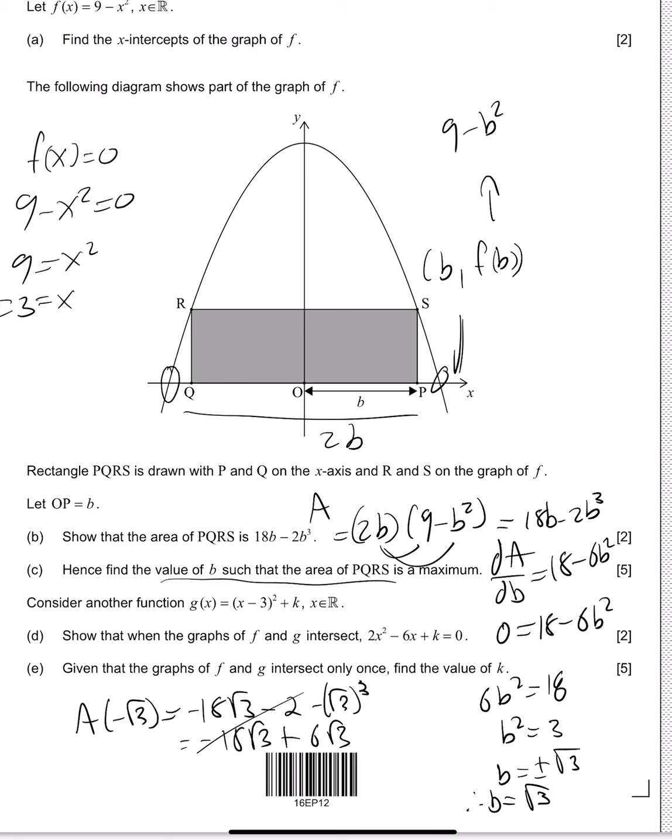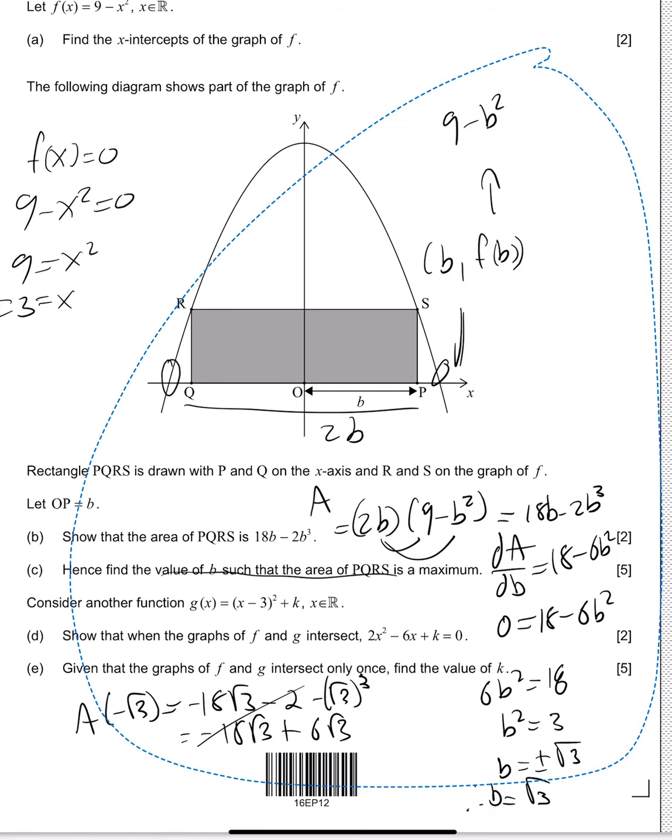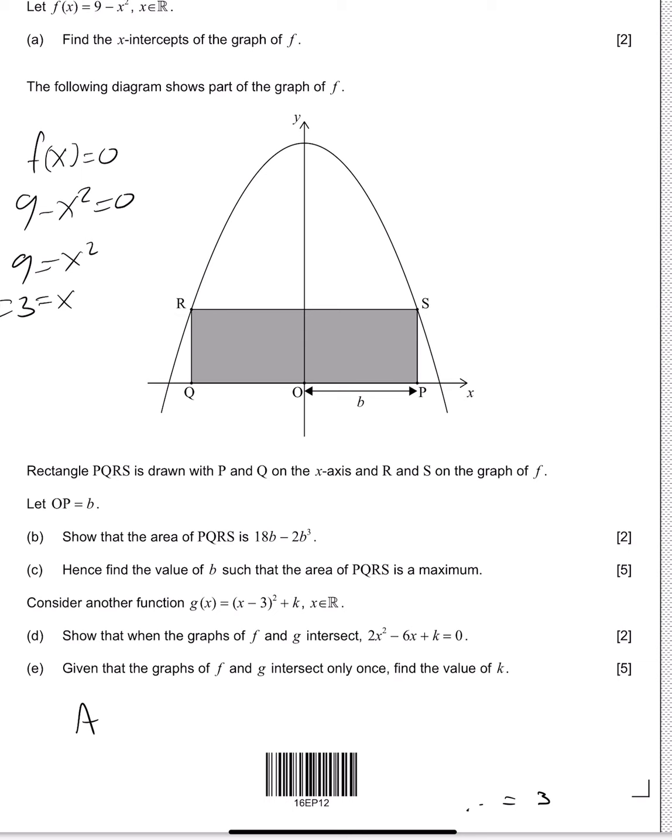Okay, so we found that b was equal to root 3. I'm going to take this stuff out. Now, show that the graphs of f and g intersect. We're looking at part d right now. This is the graph of g right here. If they intersect, that means that they're equal.